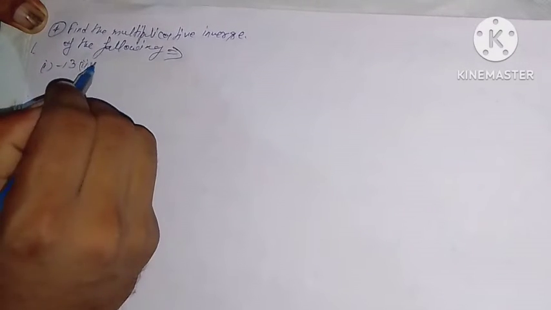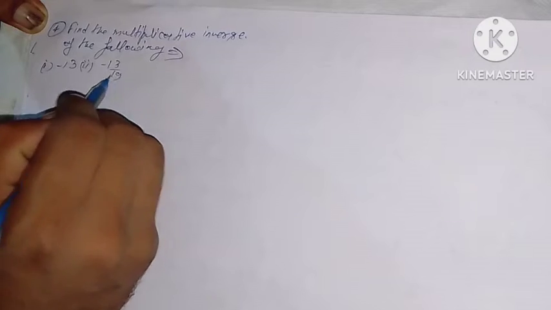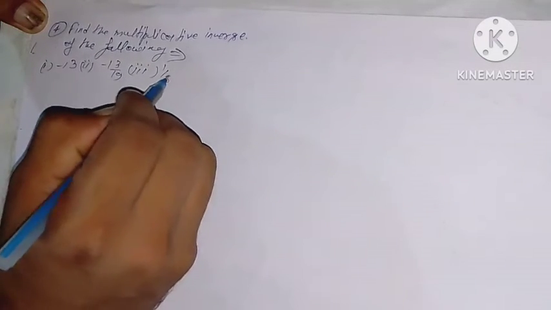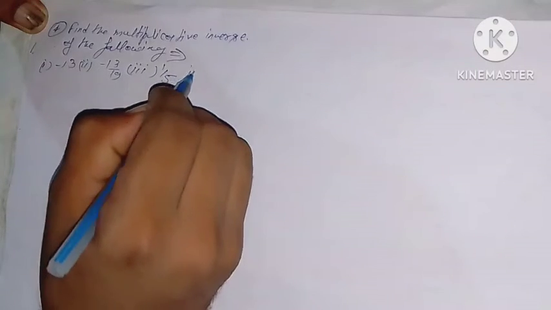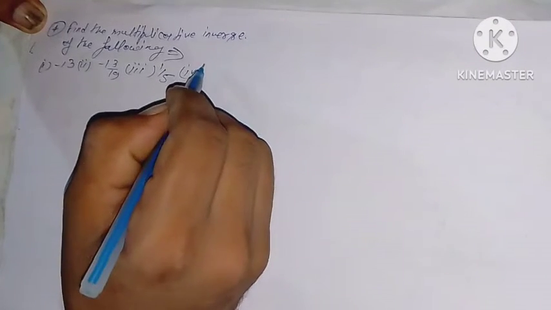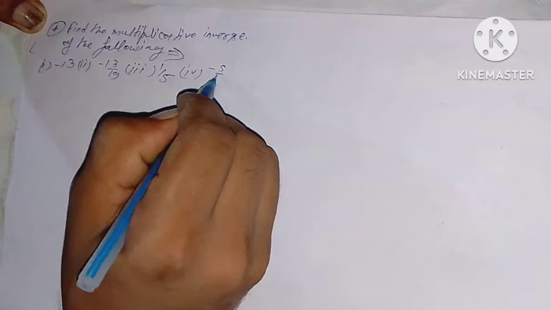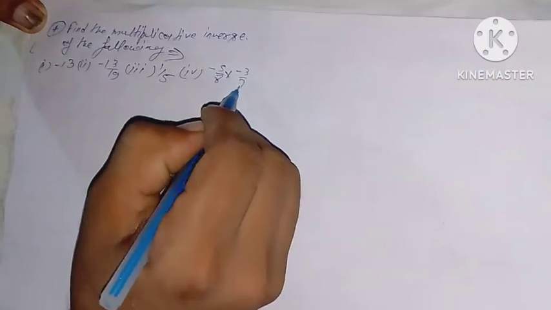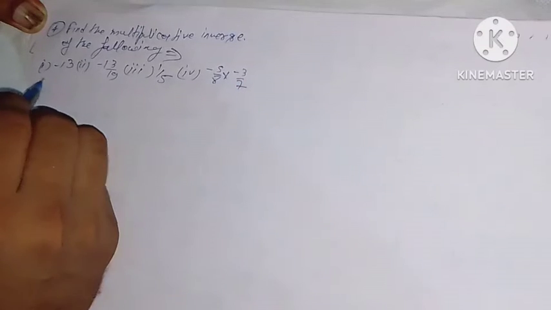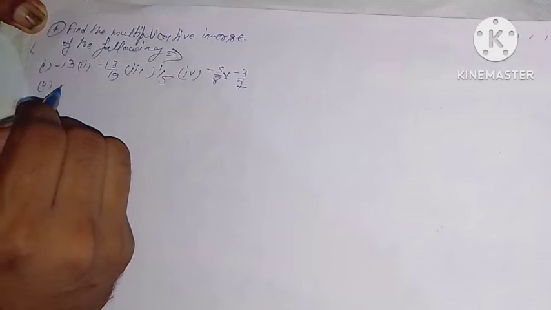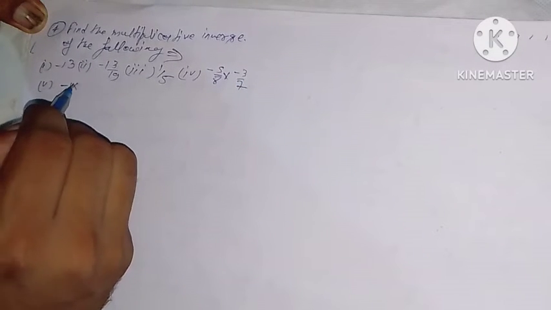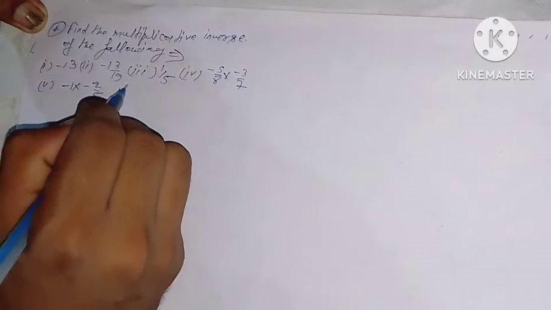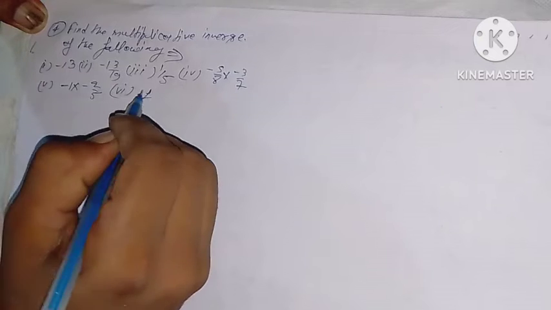Second question, minus 13 upon 19. Third question is 1 upon 5. Fourth question is minus 5 upon 8 multiplied by minus 3 upon 7. Fifth question is minus 1 multiplied by minus 2 by 5. And sixth question is minus 1.